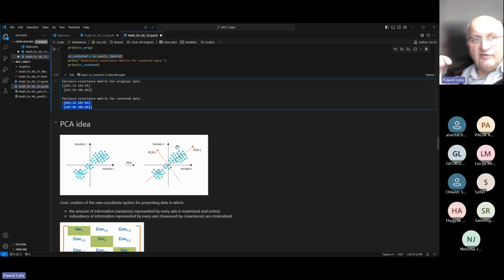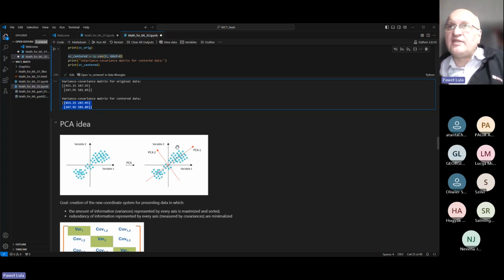So I want these variances assigned to every axis to be sorted in descending order. I want to have them maximized and sorted.